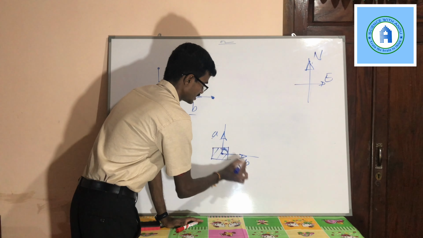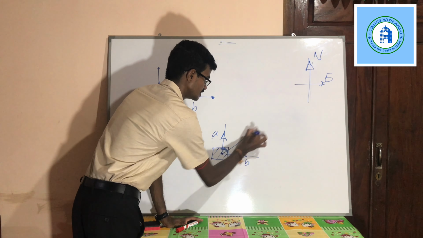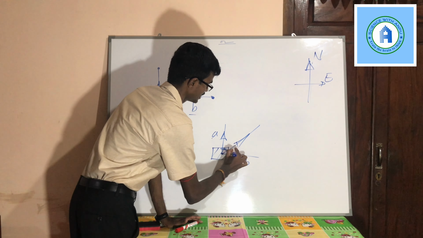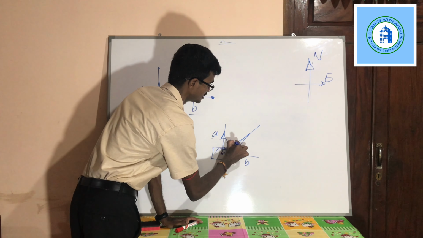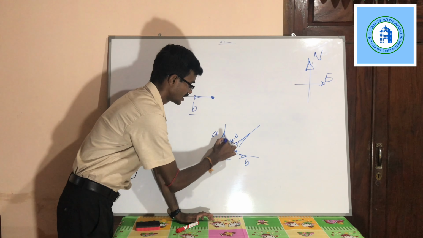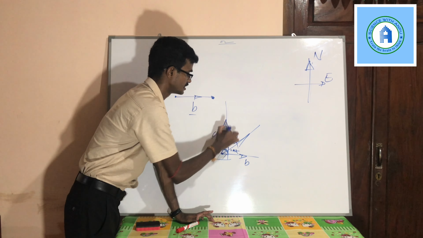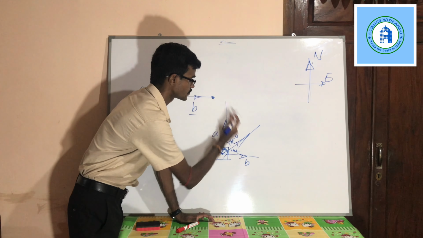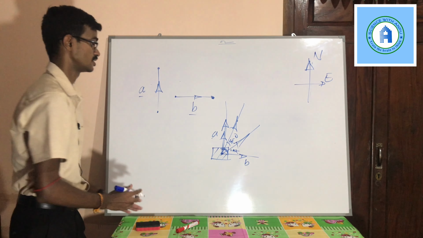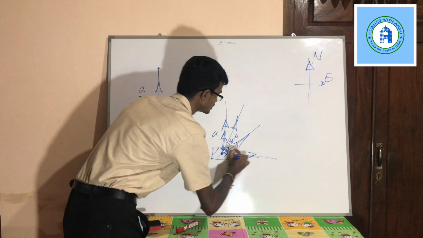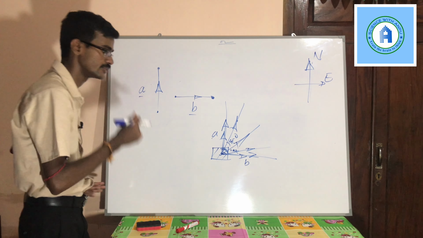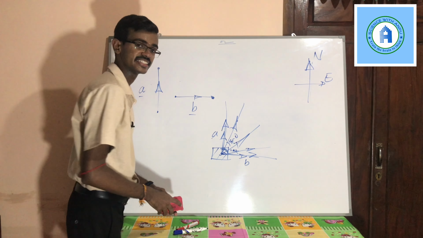If A and B are equal forces, this object will move in the middle, 45 degrees. If A is greater than B, this resultant will come near the A vector. If B is greater, this resultant will come near the B. We know this from our practical life.